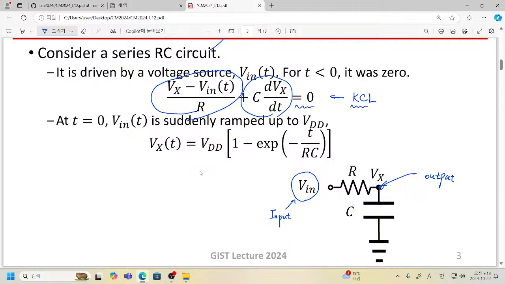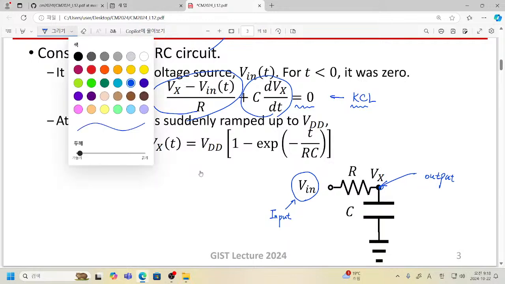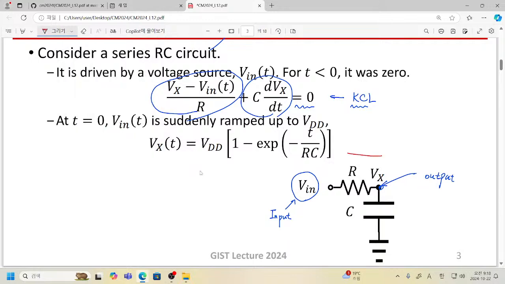So what are the branch currents? In this case, we can identify two different branch currents. The first branch is here, and another branch is here. This branch is connected to our resistor R, so its current can be easily obtained by the difference between one node and another node divided by its resistance.